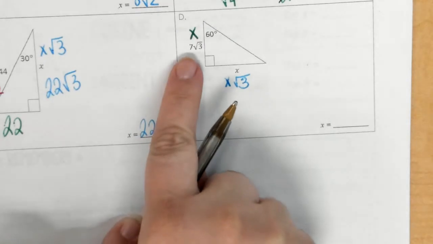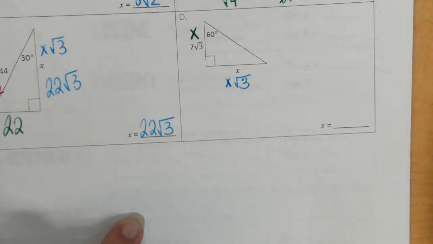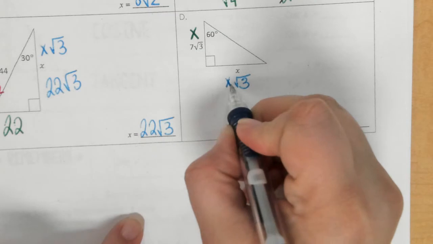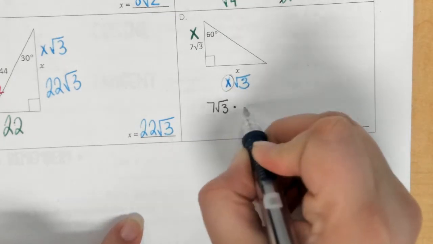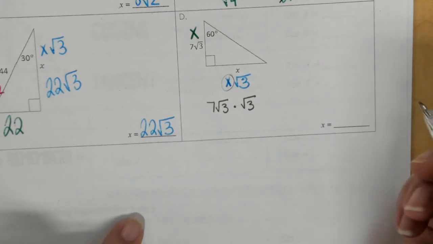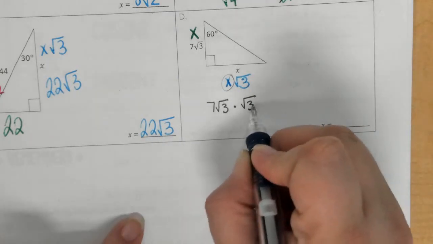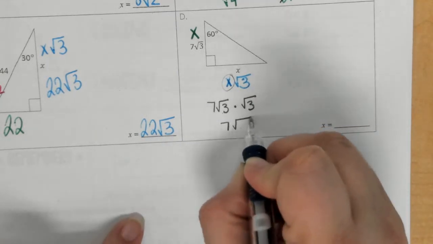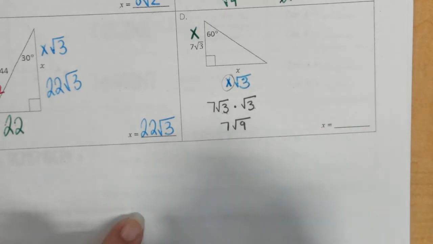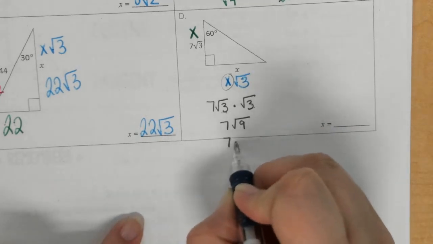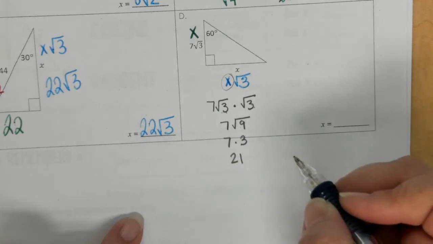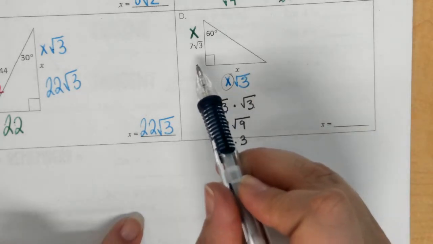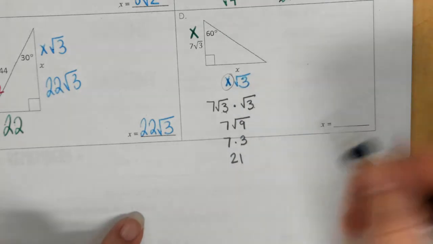So if I want to plug this in for x, we're looking at x becoming 7 radical 3 times radical 3. And we know that we can multiply radicals. So 3 times 3 is square root of 9. Square root of 9 is 3, and 7 times 3 is 21. So this means that our long leg is 21.